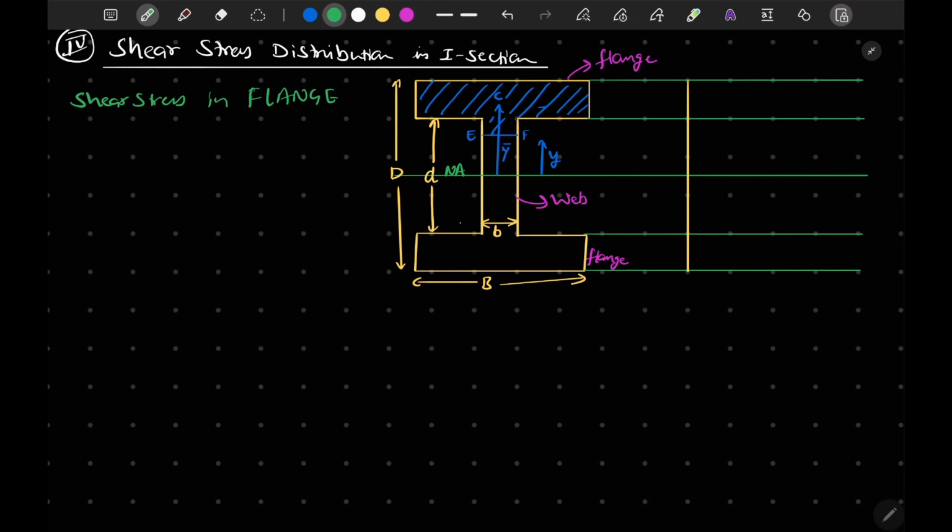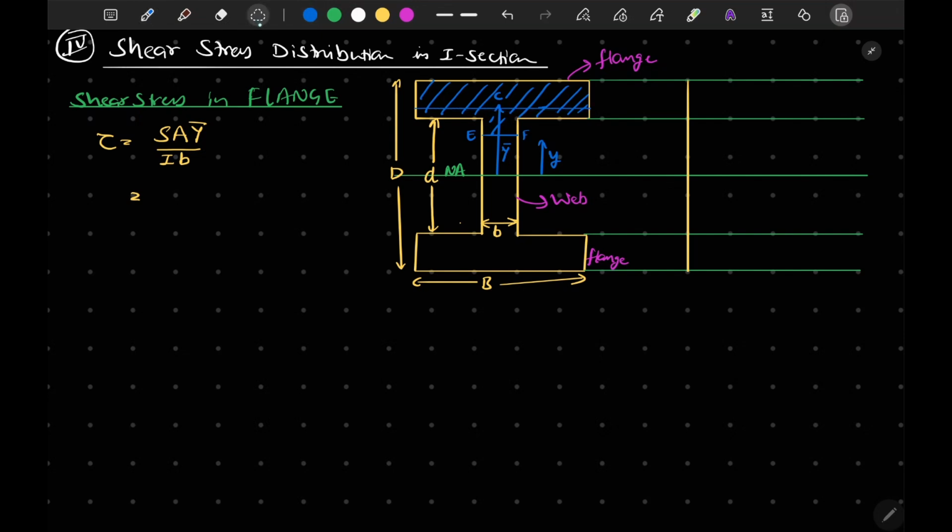okay. If I want to calculate the shear stress in flange, I can of course start using the same equation, that is S A y bar upon I B. This is the standard equation. Let's say this is our position for y. If this is our position for y, what will happen?